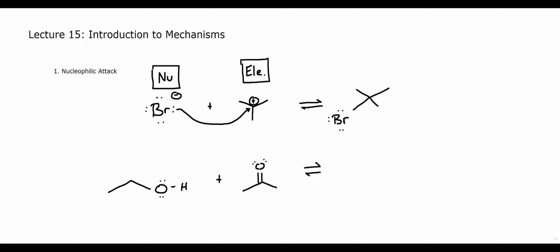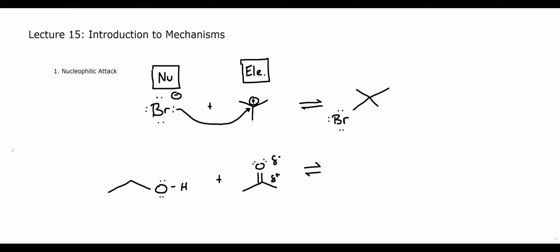One very important aspect of ketones, which you should get familiar with quickly, is that ketones and most carbonyls have an imbalance of charge where the oxygen is partially negative and the carbon is partially positive.